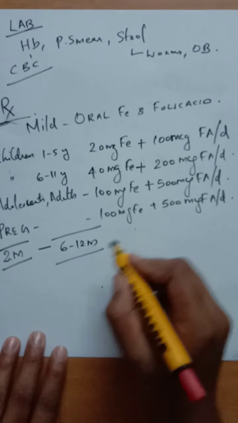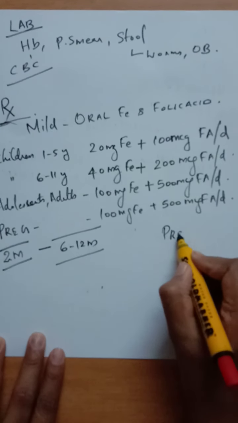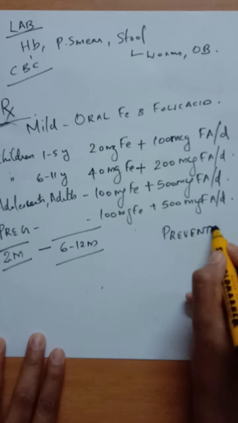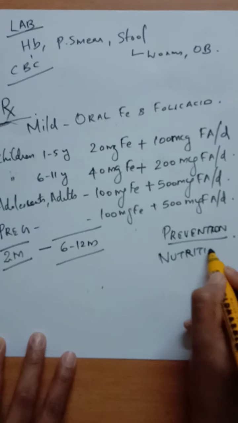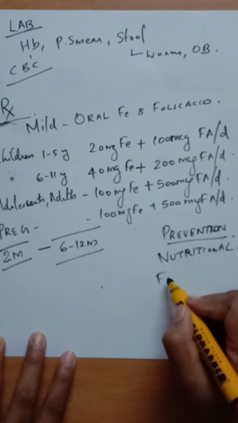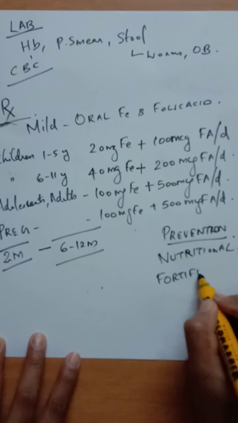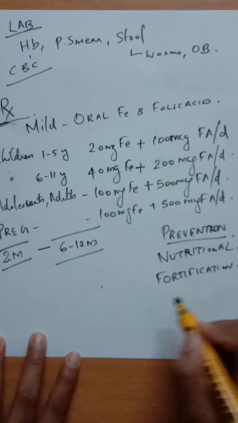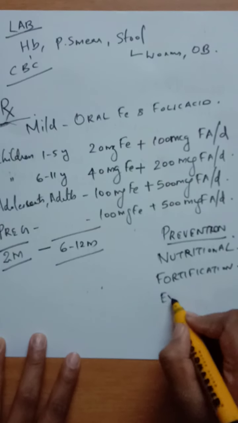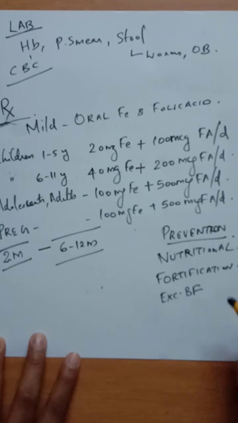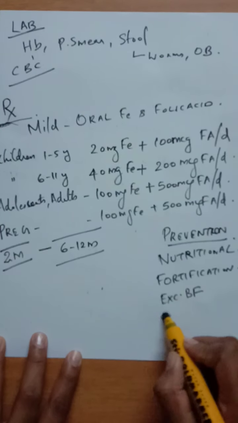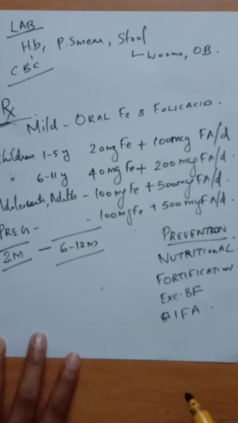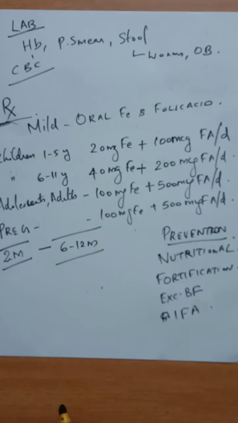Now prevention. Nutritional supplementation, fortification of food with iron, promotion of exclusive breastfeeding for the first 6 months of life, and iron folic acid supplementation. Then the dose in prophylaxis.